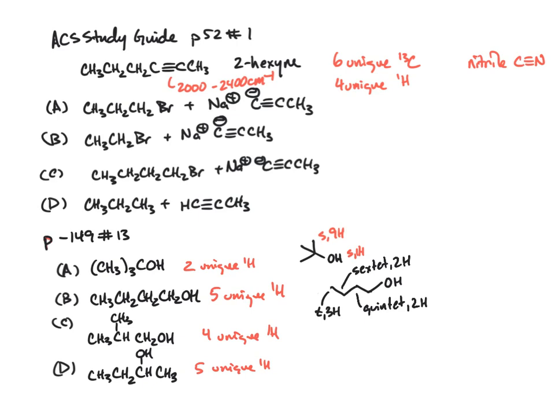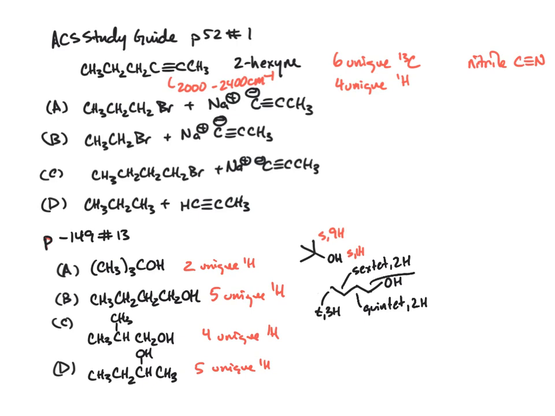And then finally, the last one, this CH2. Is that a triplet or a quartet? Do you count the hydrogen on the oxygen? Normally you would not, but in this case, if we do, 2 plus 1 is 3, we would call it a quartet. We'll just do that for simplicity's sake.